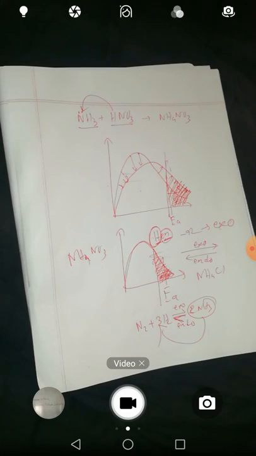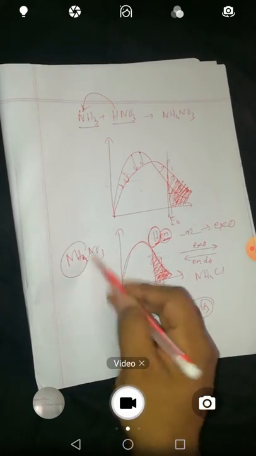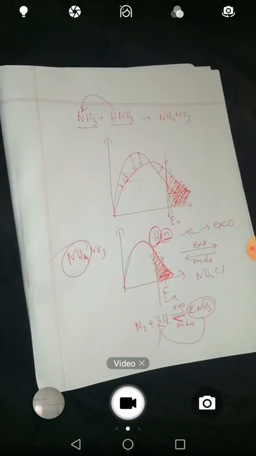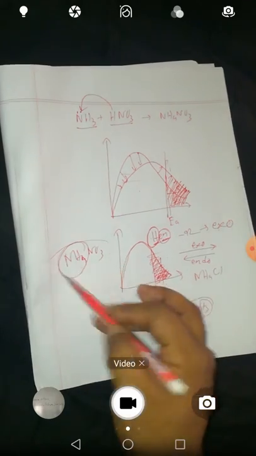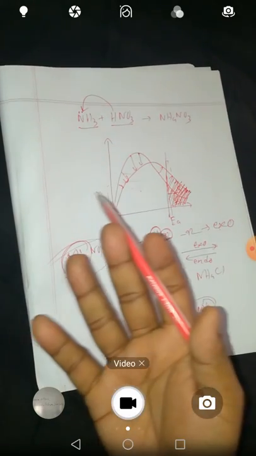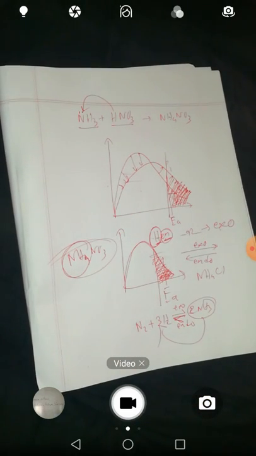So these questions are very important. We must know that ammonia has normal covalent bonds and dative covalent bonds, and ammonium compounds have normal covalent bonds, dative covalent bonds, and also ionic bonds. Just remember.